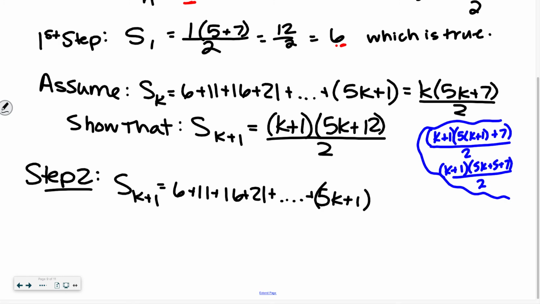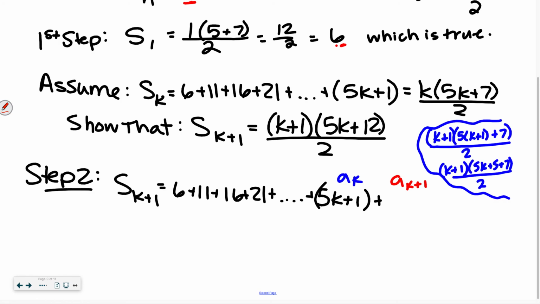But remember, that's just your a sub k. And I need to add on that new term. That's my a sub k plus 1. Like I need to add an extra term onto it. So I'm not just adding k terms, I'm adding k plus 1.